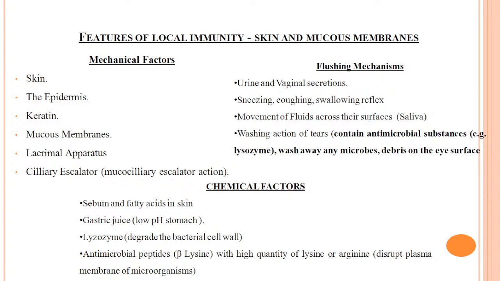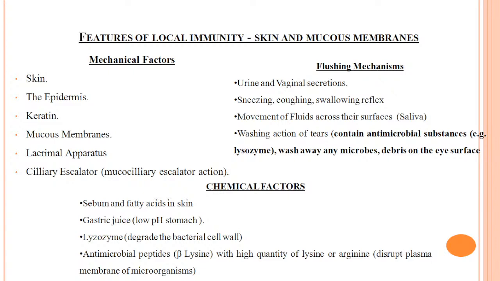It's an adaptation, a protective process of our human organism when the mucosal membrane tries to discharge microorganisms.